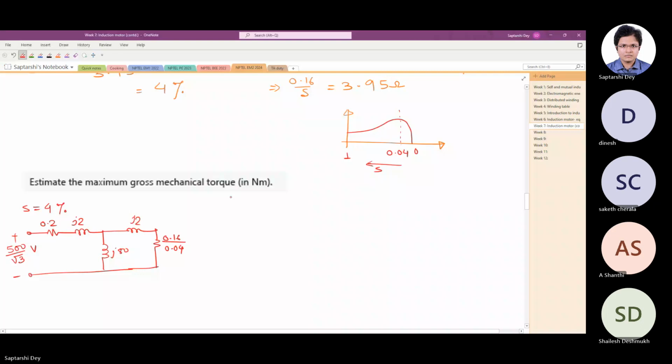So again, the total per phase impedance is 0.2 plus j2, which is in series with the parallel combination of this and this.